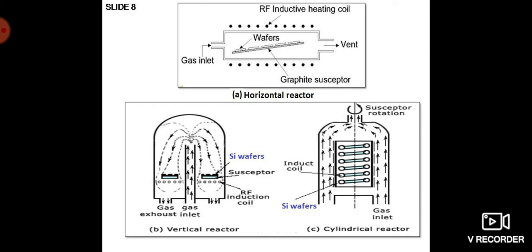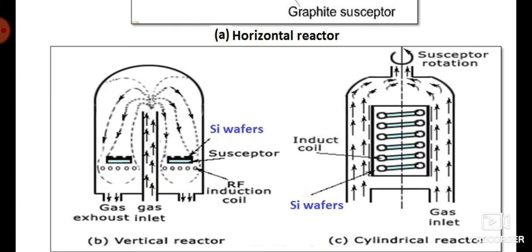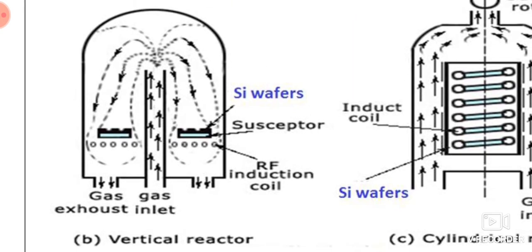In figure B, a vertical reactor is shown, where the silicon wafers are placed on the wafer holder or susceptor, and the gas mixture is passed vertically, as indicated by the gas flow arrows. Vertically means that the gas flow is perpendicular to the wafer surface, not parallel.